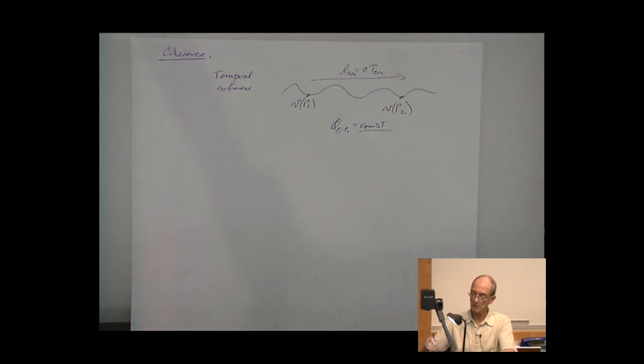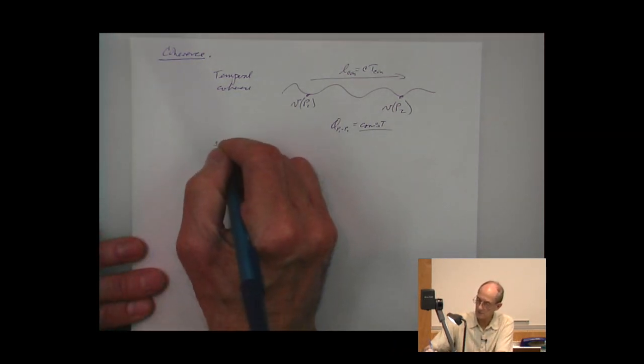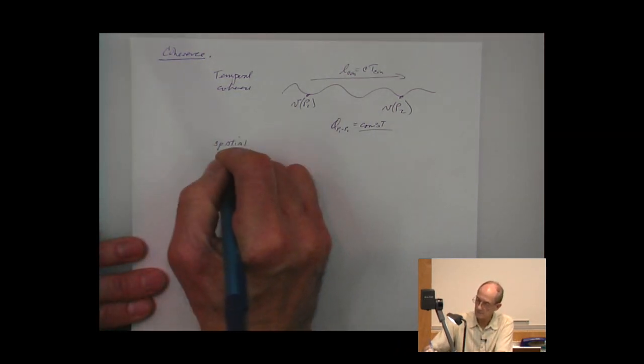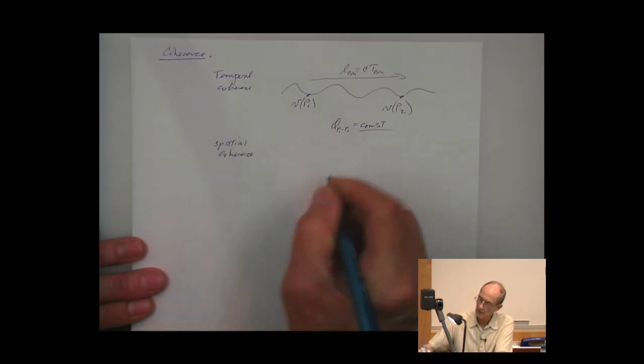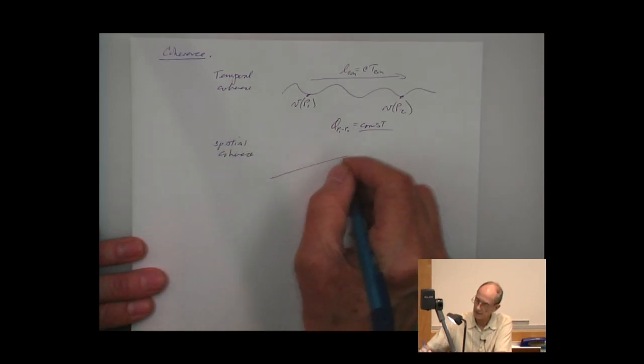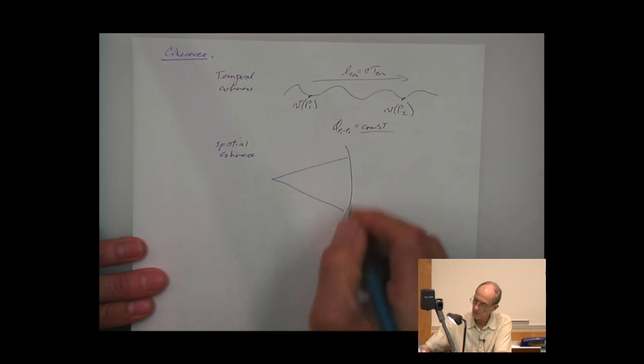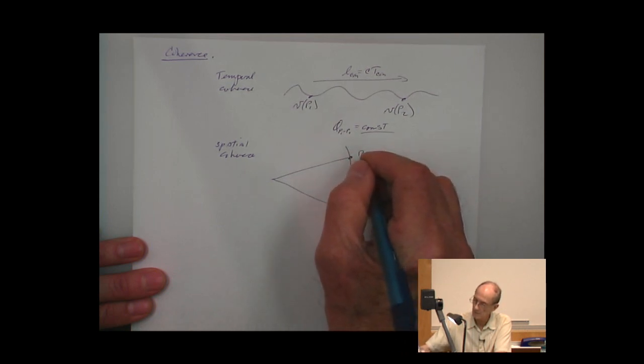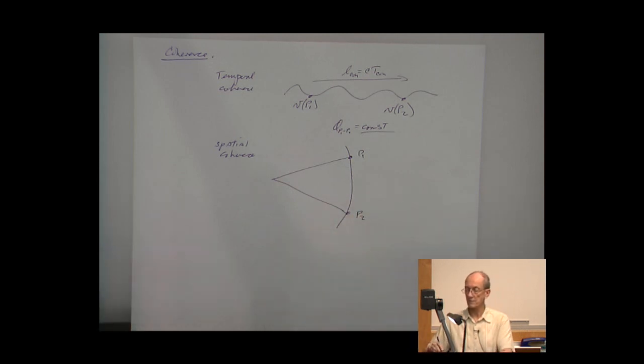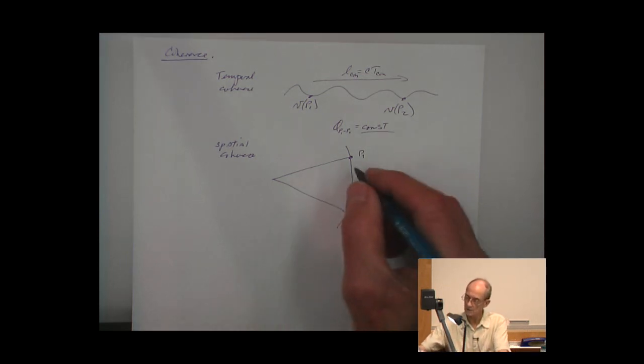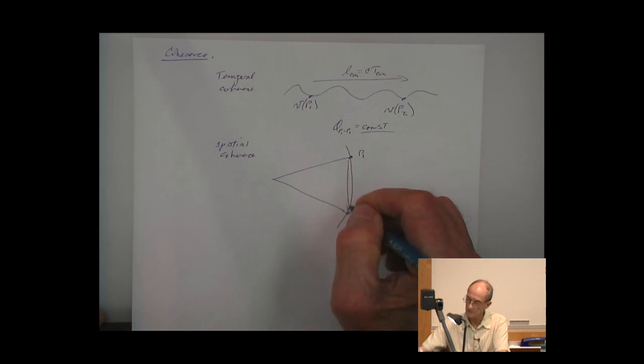We also have a spatial coherence, and in that case we have a wavefront, and we sample that wavefront at two different spatially separated points, and that gives us a sense of what the spatial coherence is, depending upon the separation distance.